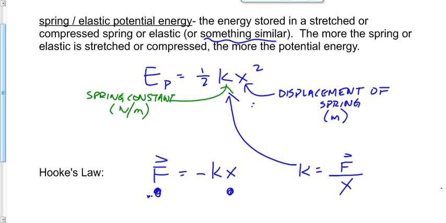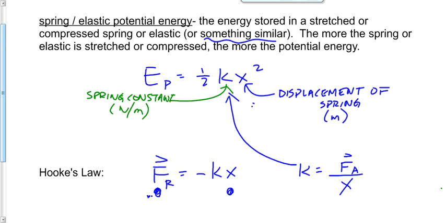Remember that if I pull on an elastic or a spring with a force of 10 newtons, the restoring force would actually be negative 10. When I'm finding the spring constant, I'm typically not going to use the restoring force. I'm typically going to use the applied force. So it's not going to be a negative. Let's put a little subscript R beside that. And let's put a little subscript A beside that.